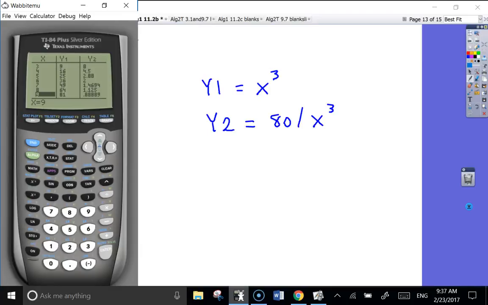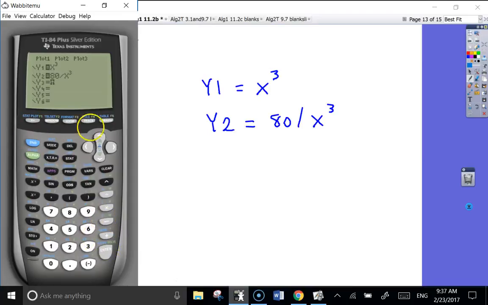Okay, I'm going to finish this one up here because a lot of the same questions. Everybody's got to, quiet please, listen up. So let me do it up here, clear. X to the third and clear. 80 divided by x to the third.